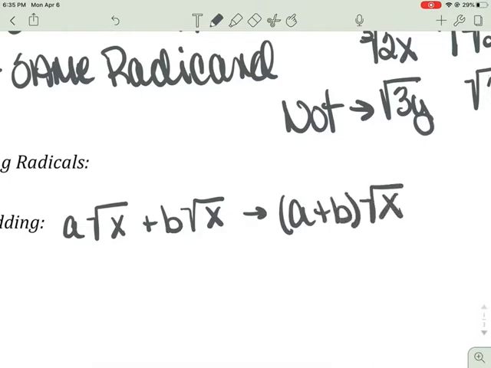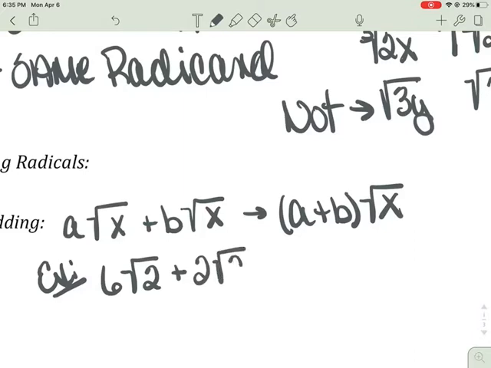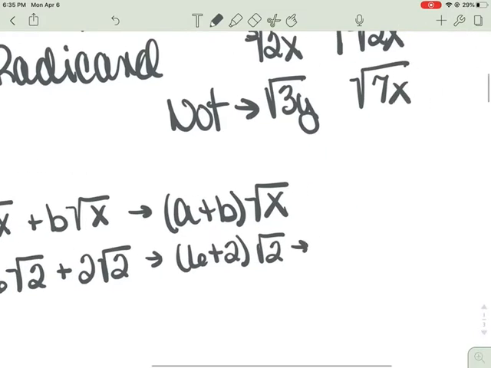For example, 6 square roots of 2 plus 2 square roots of 2 is 6 plus 2, and we leave the square root of 2, and we get 8 square roots of 2.